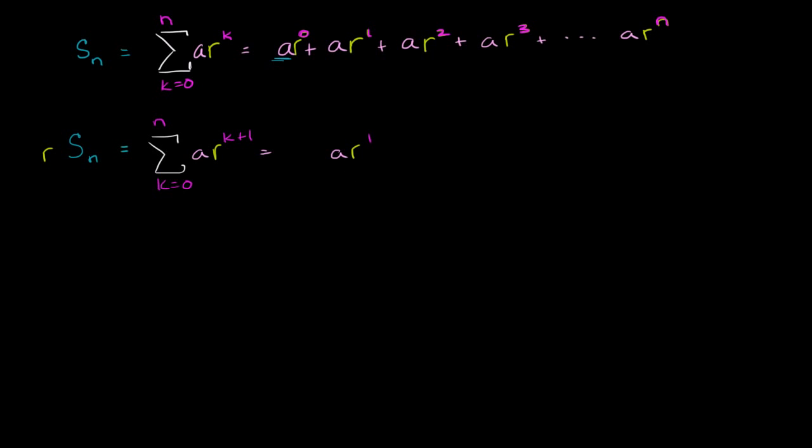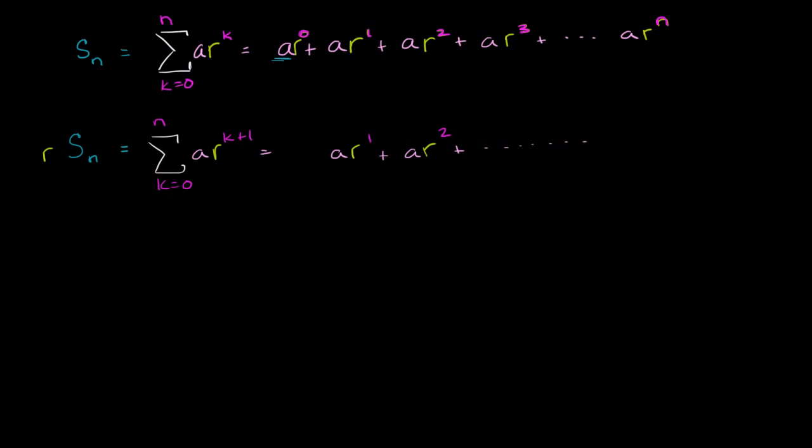And then plus, let's multiply this term times r. So plus a times r squared. And we'll just keep on going until we get all the way to a times r to the n plus 1.